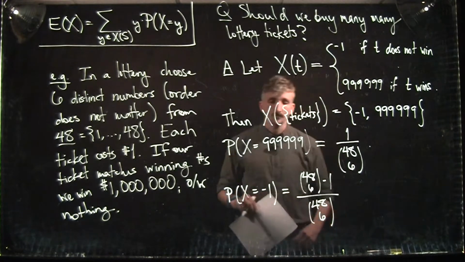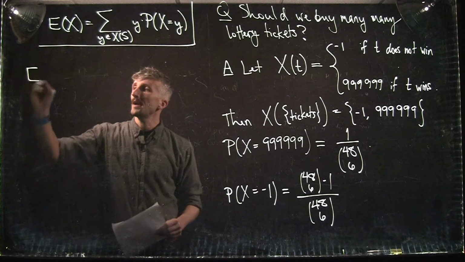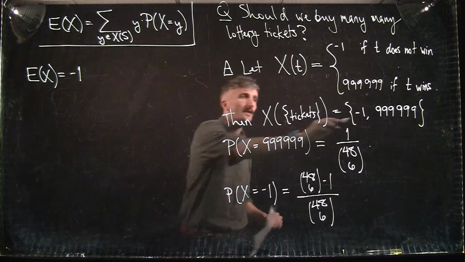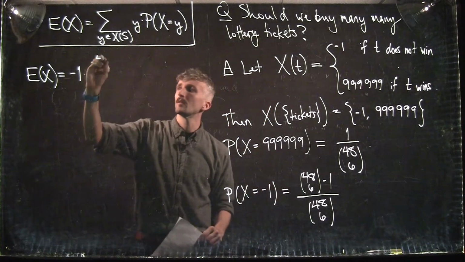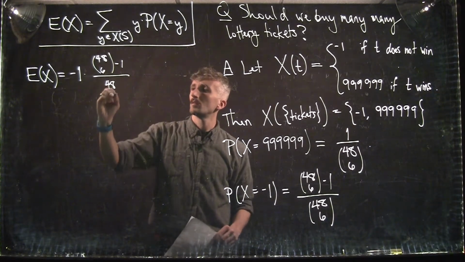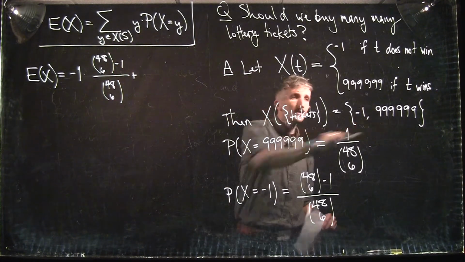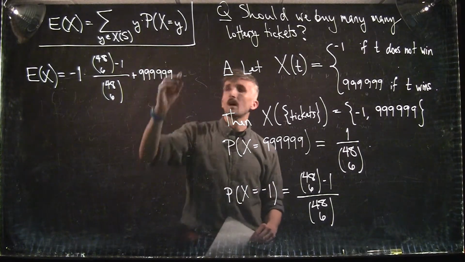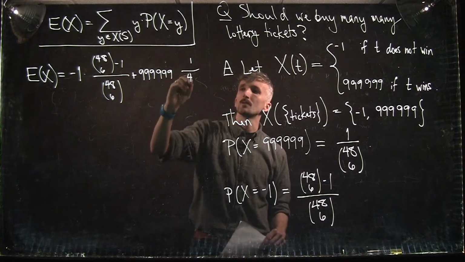Okay. So at this point, we can now write out the expected value. We get that the expected value is -1, that's our first output of the function, times the probability that X equals -1, plus, we're taking the sum here, we now have the second output, 999,999, times the probability of that outcome, which is 1 over 48 choose 6.